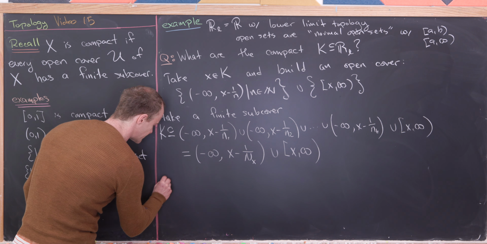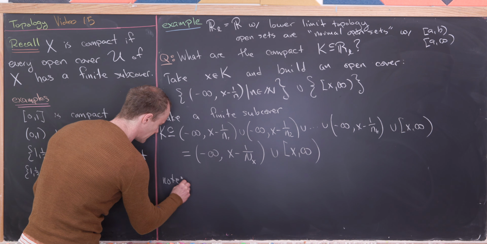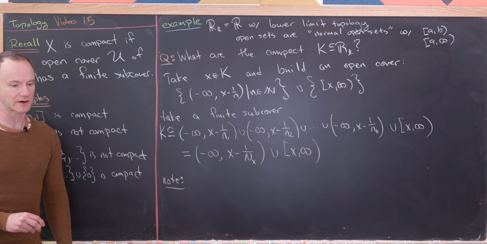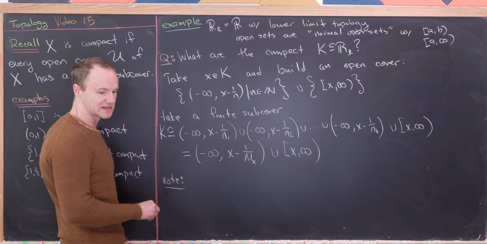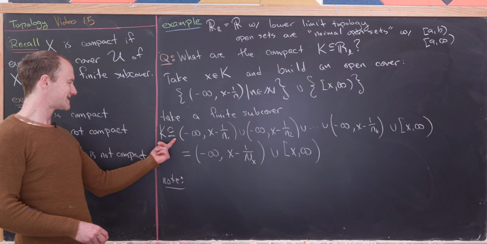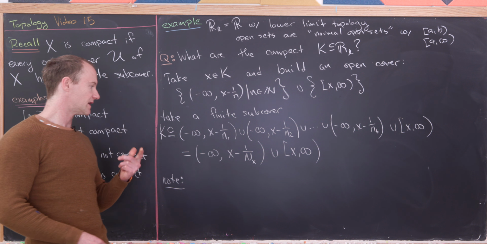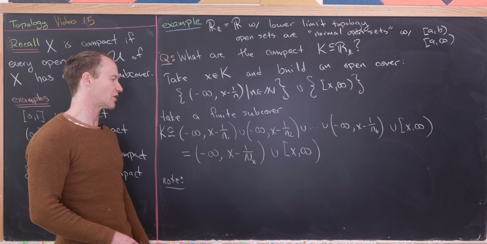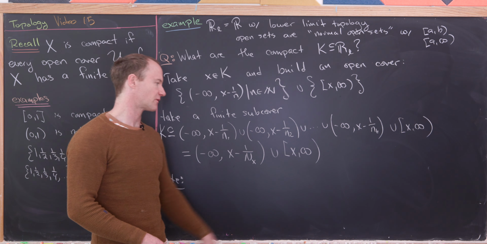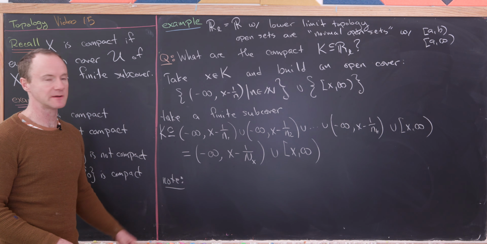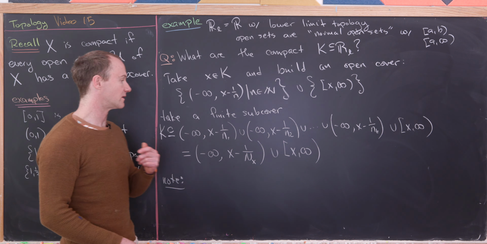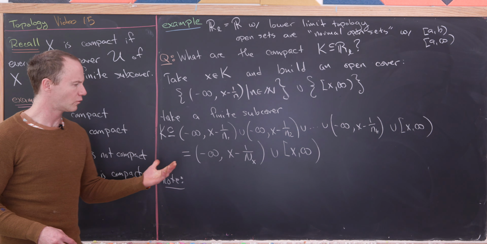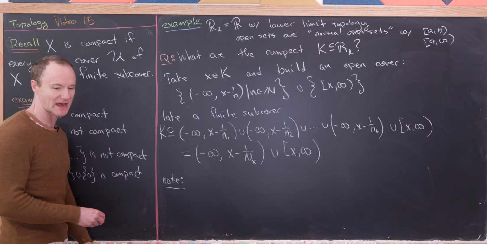But now let's note the following, and I think this is probably pretty clear: since K is distributed between this interval right here, minus infinity up to x minus 1 over n sub x, and this interval right here from x to infinity, that means that K will not intersect with the really little bit there that's left out.